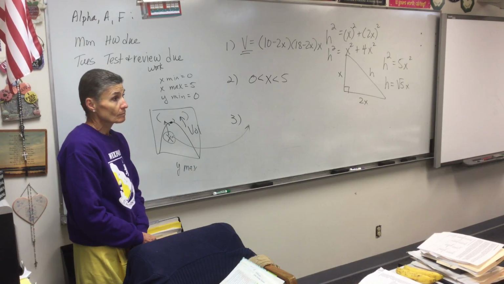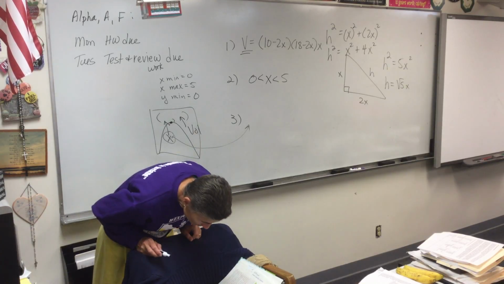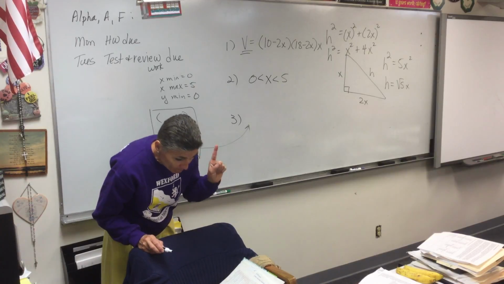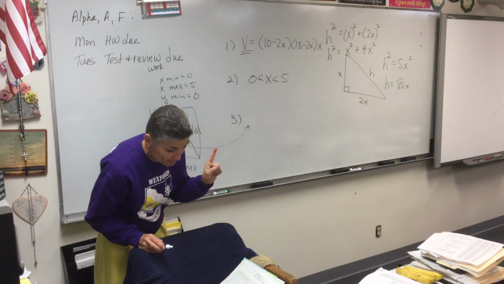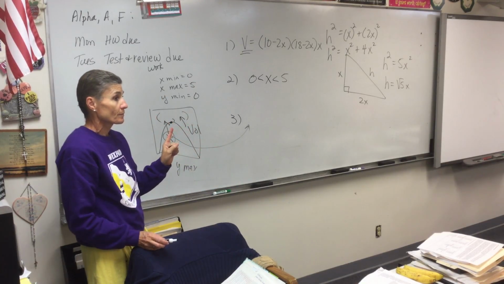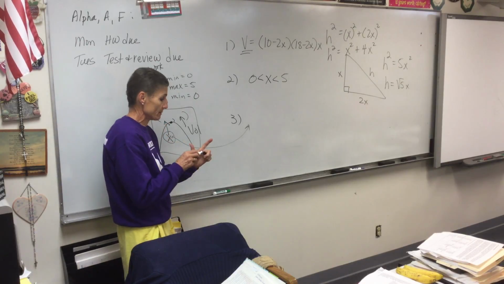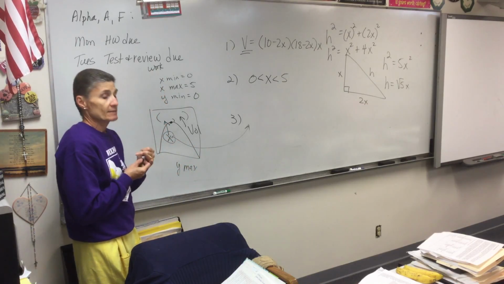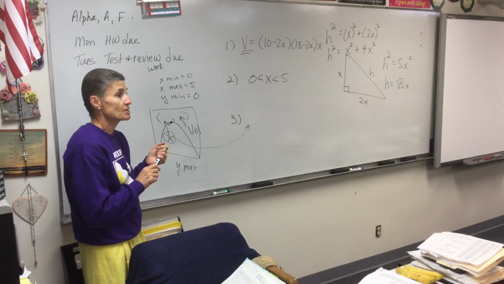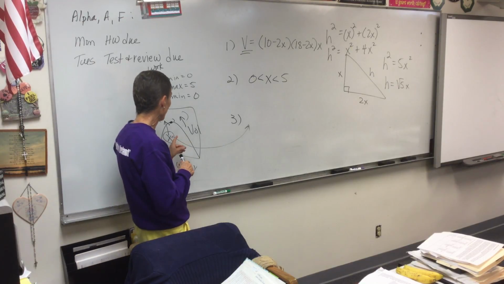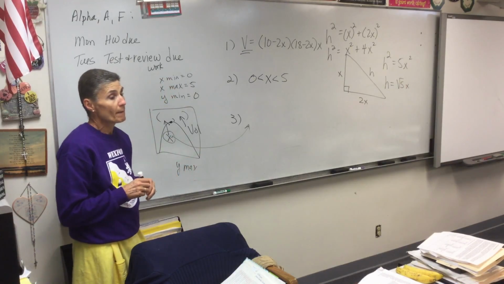It does say maximum volume. No, it says, determine the dimensions of the cutout squares that will produce the maximum volume. So that's x. Your answer would be the x coordinate of your maximum.